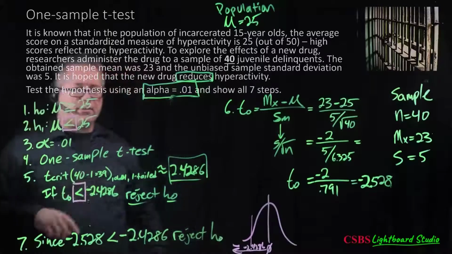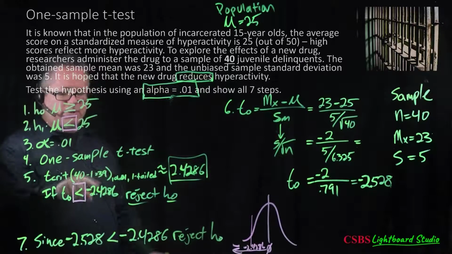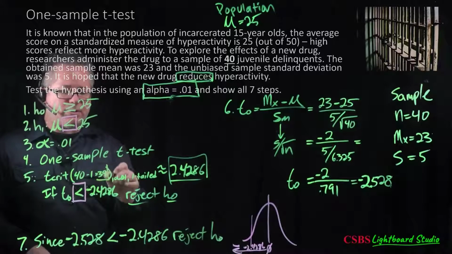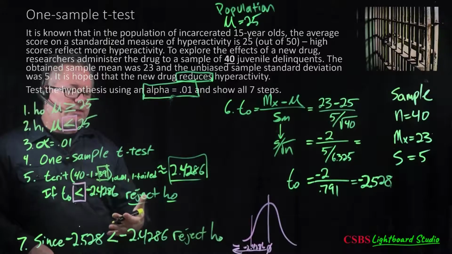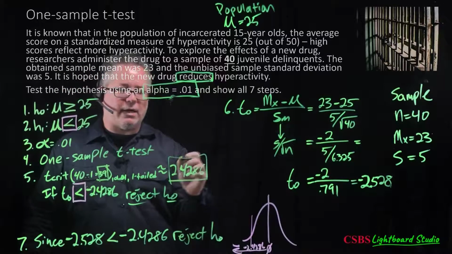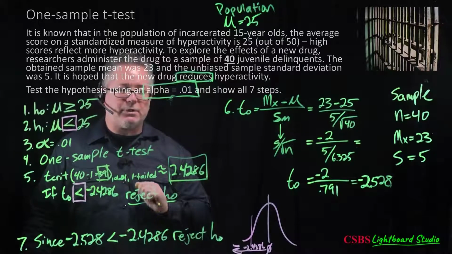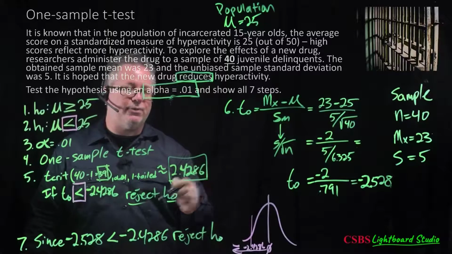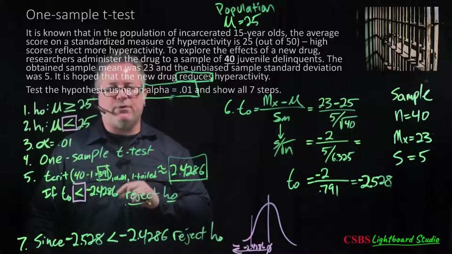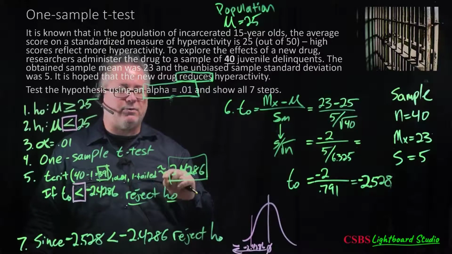Now, let's think about that for a second. So again, a second ago we said there was a problem because we didn't have 39. 39 didn't exist on our table, so we used 38. And 38 gave us a slightly larger than we should have critical value. This one's a little bit too big. But we said, all right, well, if our t observed is larger than this value, it's larger than it would be for degrees of freedom at 38, which means it's also larger than it would be at 39, because at 39 it's going to be a little bit smaller.